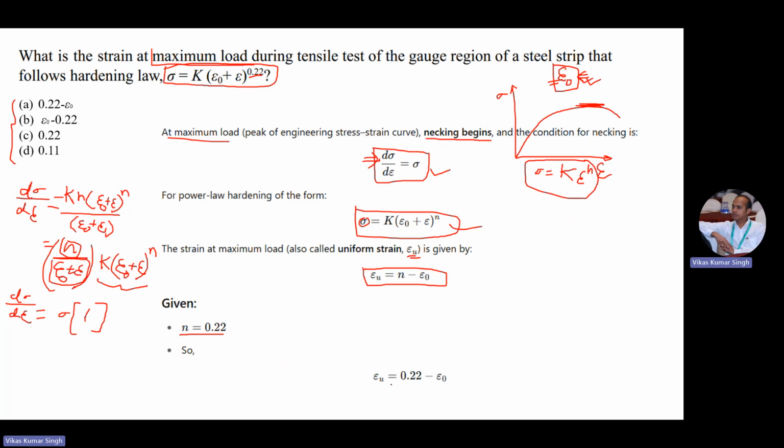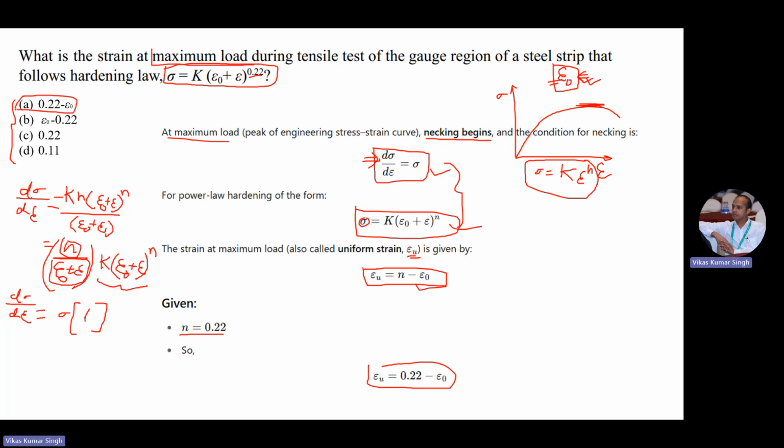So sigma u equal to 0.22 minus sigma naught. In this question we just have to use this formula. There is an extra term used here, but it's okay. It's better to understand what is happening, the mechanism. Now, which one will be the correct option? So this one will be the correct answer.